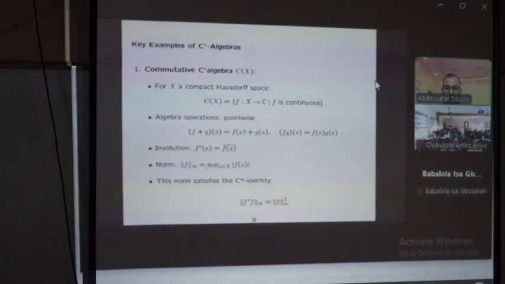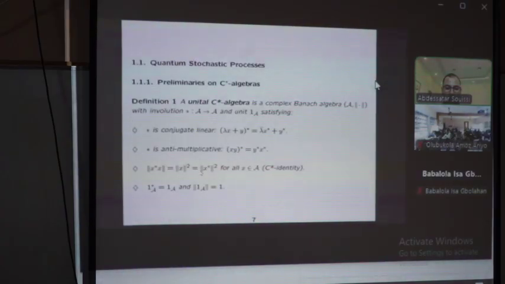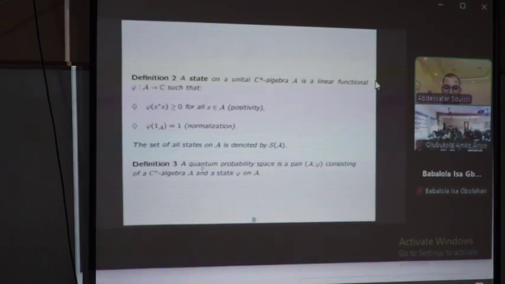And the C-star norm tells us that it's the supremum norm of the modulus. And it turns out that this norm satisfies the identity explained here. This identity is straightforward.